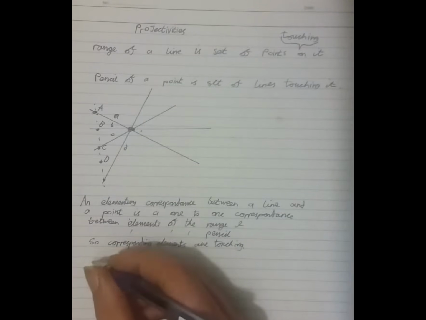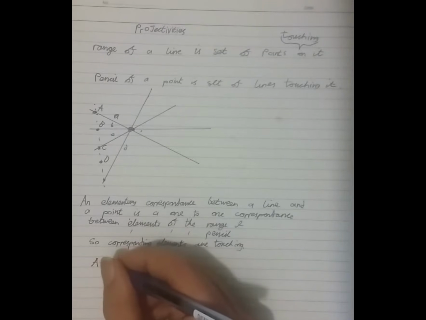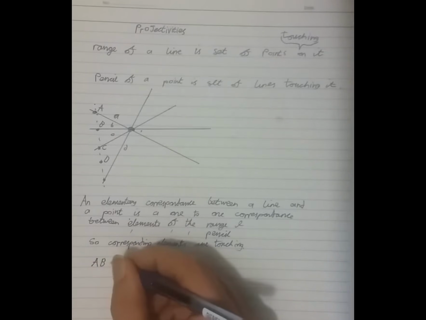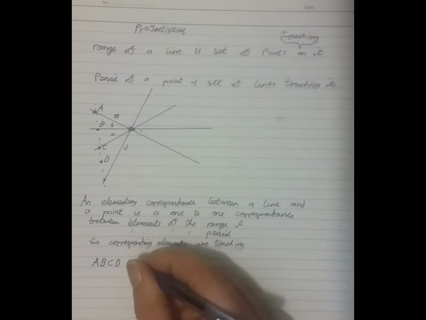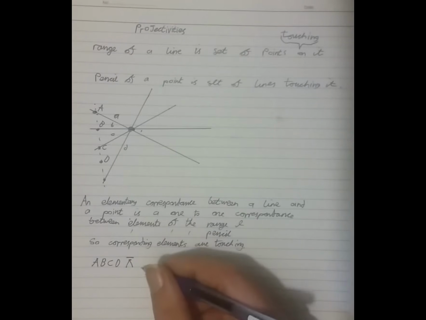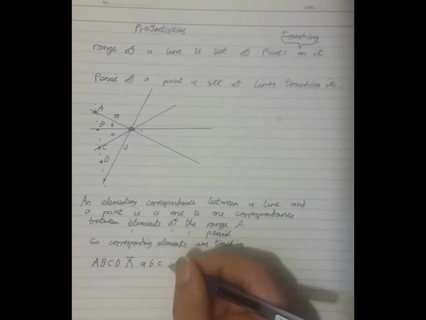Well, we could write it like this, that A, B, C, D is projective to little a, little b, little c, little d.